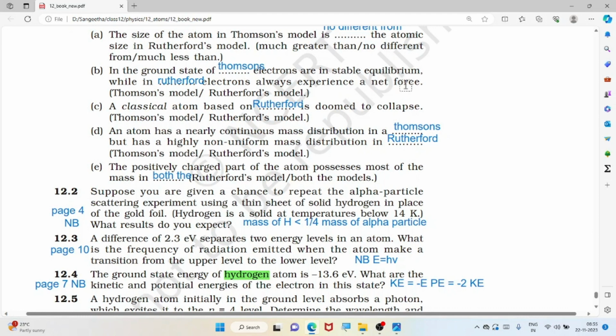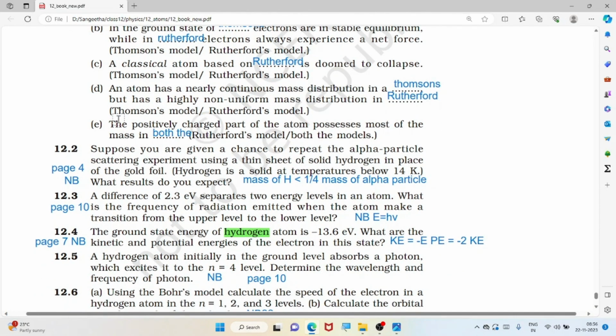In Rutherford's model the nucleus is positively charged and negatively charged electrons revolve around the nucleus. The classical atom based on Rutherford's model is doomed because it doesn't explain the emission of electromagnetic radiation.